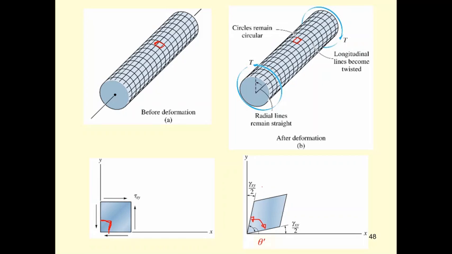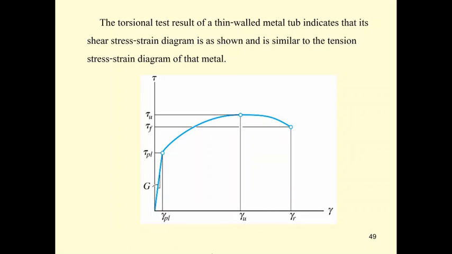The shear strain is the change from pi over 2 here, and for the torsional test, we obtain this shear strain. Some values on the shear strain that are important to us are the proportional shear strain, and also the G. The G is also very important for us.